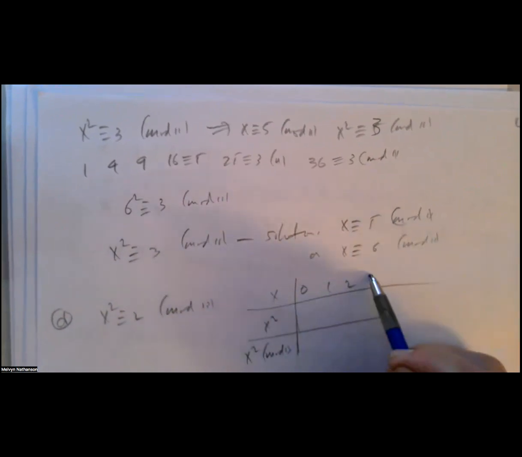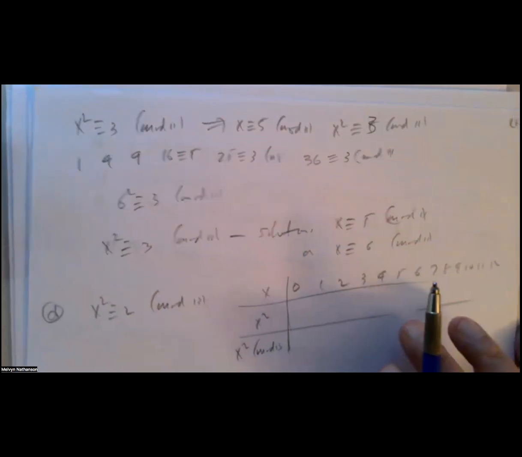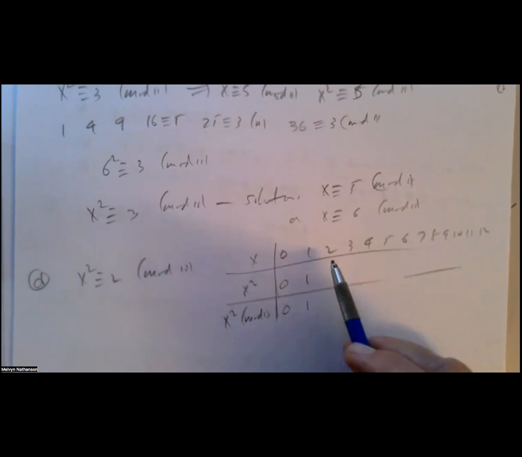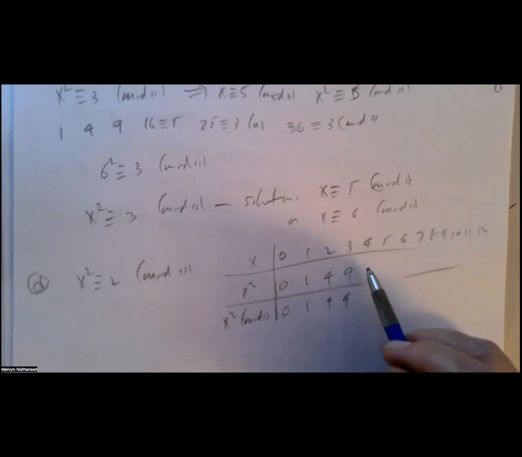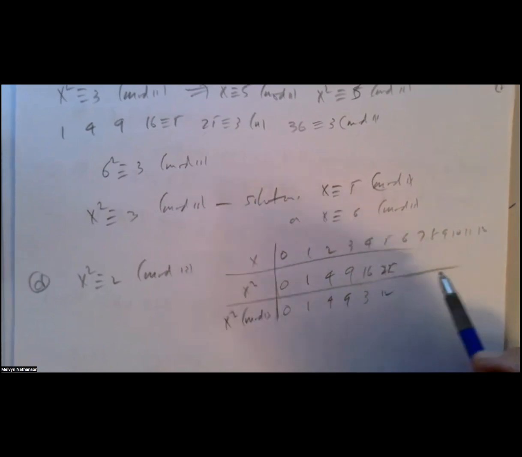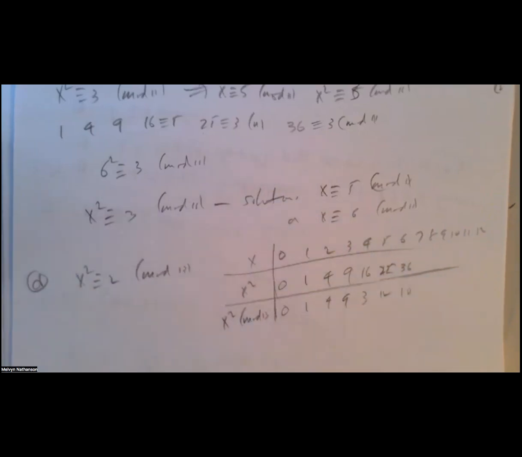You take the numbers 0 up to 12. 0 squared is 0, and 0 mod 13 is 0. 1 squared is 1. 2 squared is 4 mod 13. 3 squared is 9 mod 13. 4 squared is 16, that's 3 mod 13. 5 squared is 25, that's 12 mod 13. 6 squared is 36, that's 10 mod 13.